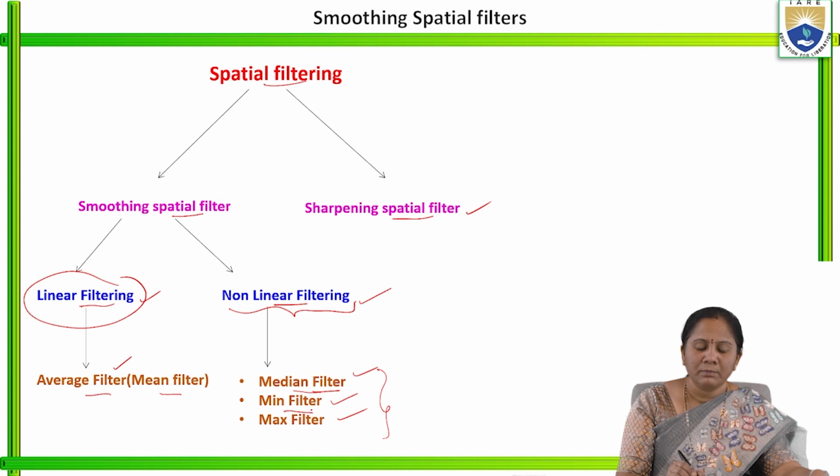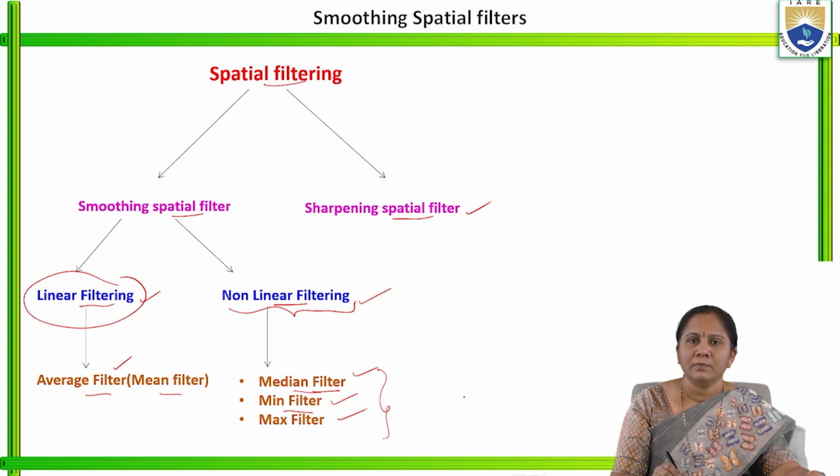In the minimum filter, we first write the pixel values in ascending order, and whichever pixel has the minimum value, that value replaces the center pixel value in the image.